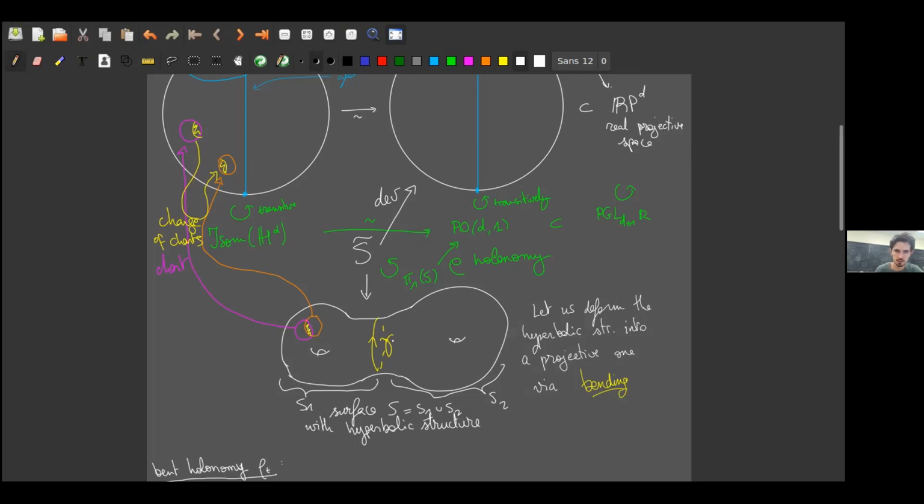The only things we change are charts that meet gamma. Typically, if we have a chart like that, sent to such an open subset, then the new chart for the new projective structure is obtained by stretching just one half of the chart.